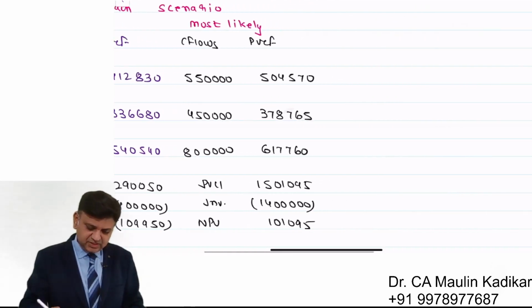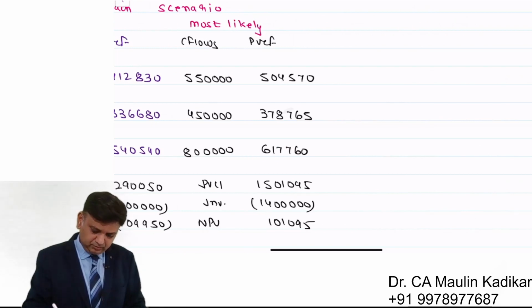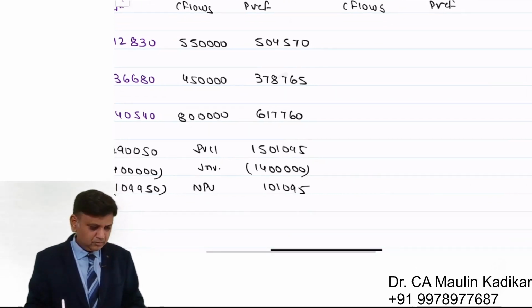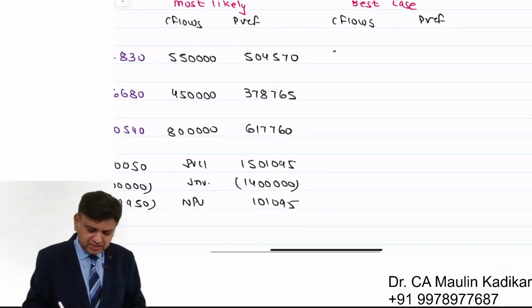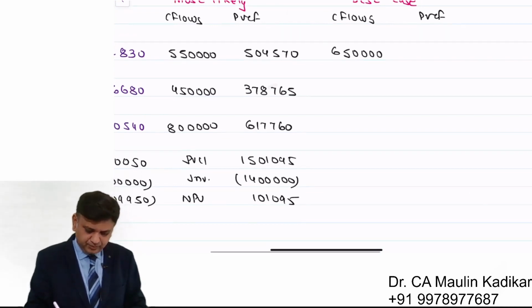Next is the best case. Cash flows are 6,50,000 for the first year, 5 lakhs for the second year, 9 lakhs for the third year.